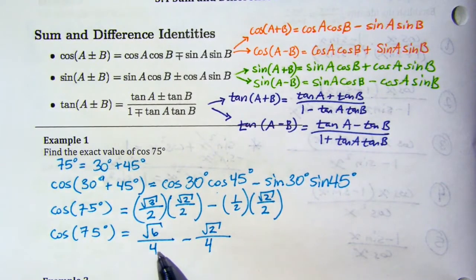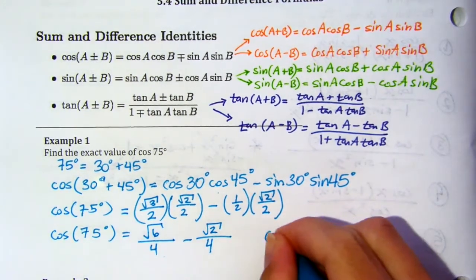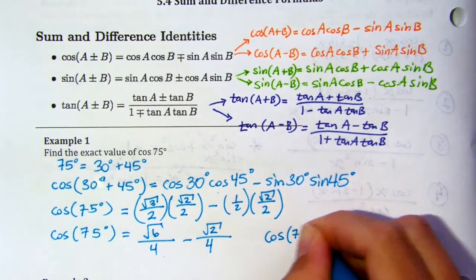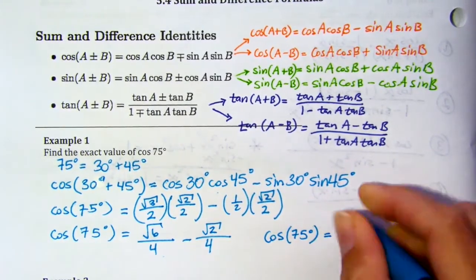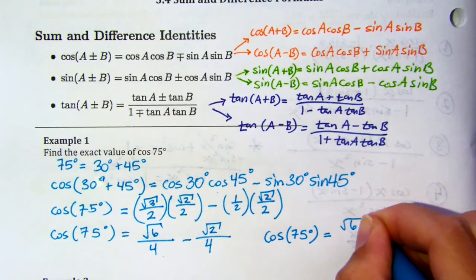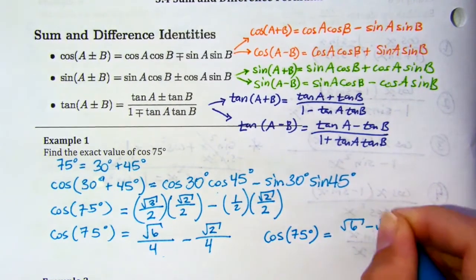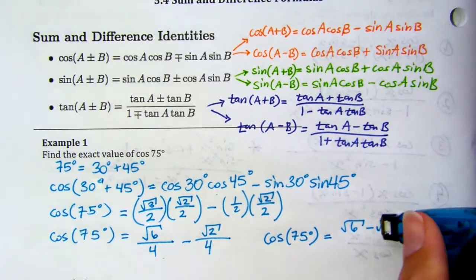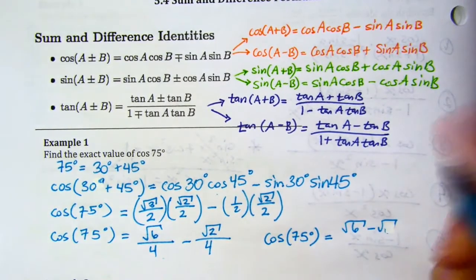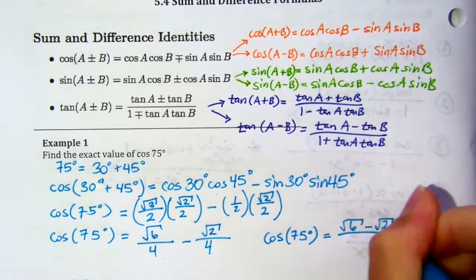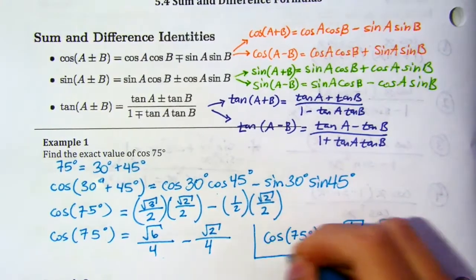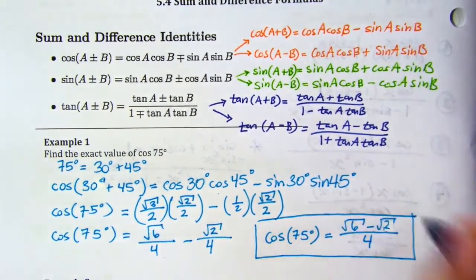Now we have to subtract these fractions. In order to subtract fractions, we have to have a common denominator, which we do have here. That leaves us with the cosine of 75 degrees is equal to the square root of 6 minus the square root of 2, all divided by 4. And that is going to be our final answer.